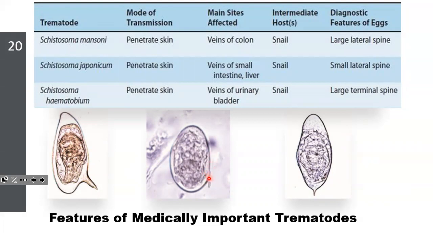So this is the lateral spine that is small. This is diagnostic of S. japonicum. Are you following? The last egg, as you can see, has the spine again to the side, but it's very large. So this is Schistosoma mansoni egg. So when we see these structures, we can make a diagnosis.